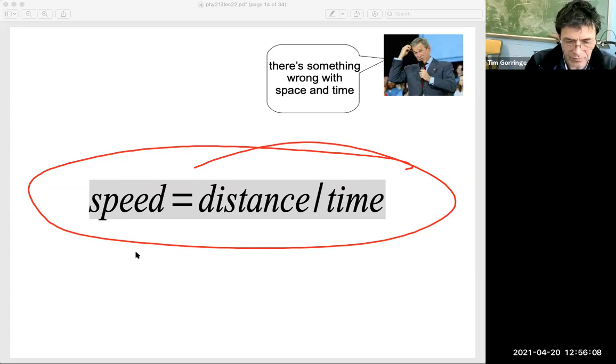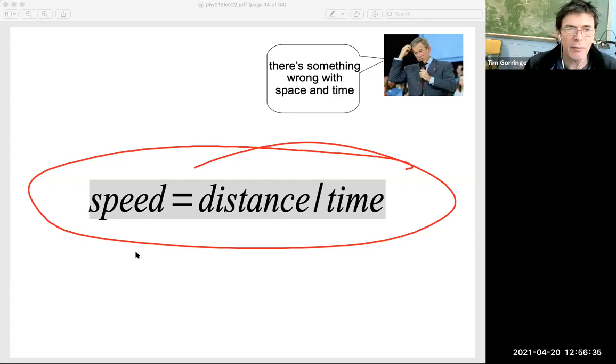So we could apply this formula from physics 211 to calculating the speed of light: just take the distance traveled and divide it by the elapsed time. Different observers, in different spaceships, or in the train or on the platform, could do that. How could they all come up with the same number? How can they all come up with 3 times 10 to the 8 meters per second?